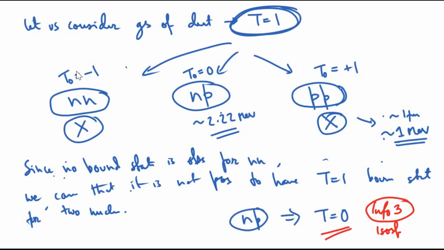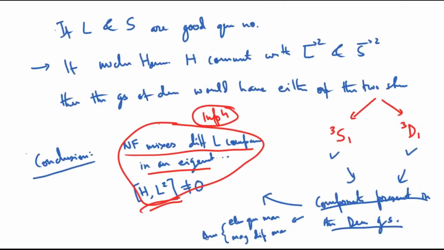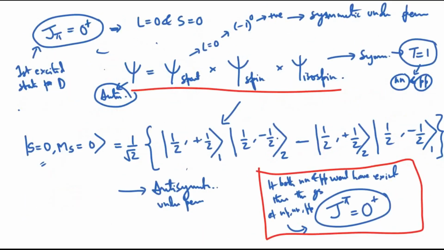Yes, if the ground state is t equal to 1, then we have observed that nn and pp don't exist. We have talked about it. So this means that t is equal to 1 does not exist in the ground state. However, the excited state can have t is equal to 1. See here, and we have talked about this in detail over here.